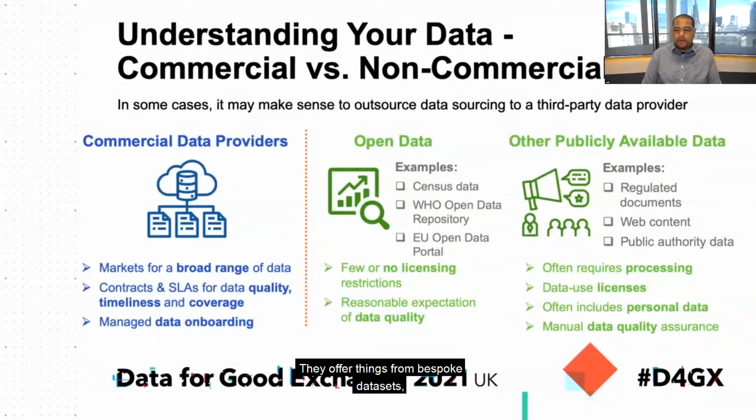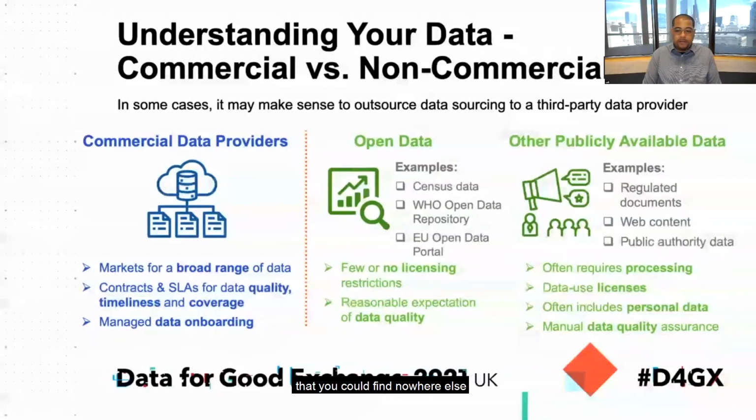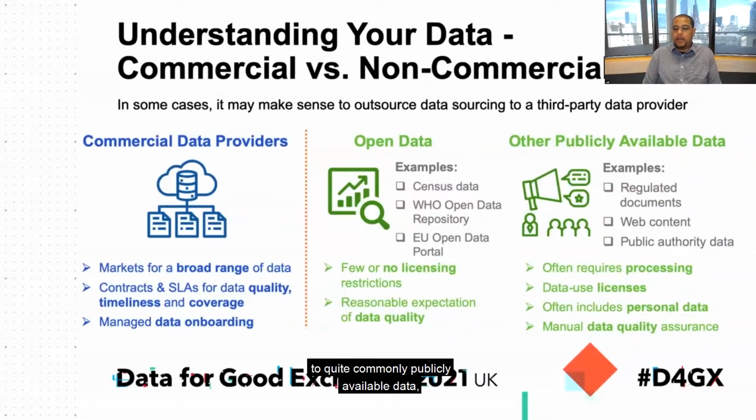They offer things from bespoke data sets, things that they've built that you could find nowhere else, to quite commonly publicly available data, which is usually curated and labeled. And they'll also deliver it to you through various delivery channels that you find convenient. For many organizations and potentially many problems, a commercial data provider might be the answer that you're looking for.